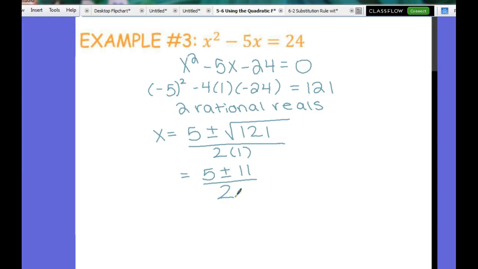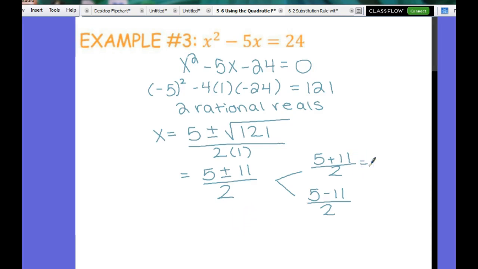So when you get those two real numbers in the numerator, you got to split it. So it becomes 5 plus 11 over 2 and 5 minus 11 over 2. Because that's really what the plus or minus is saying. It's saying you take the b value and you add to get one side, then you take the b value and subtract to get the other. Because remember, a quadratic is symmetric.